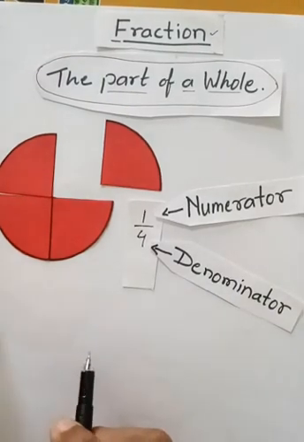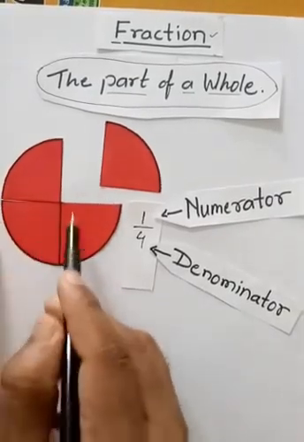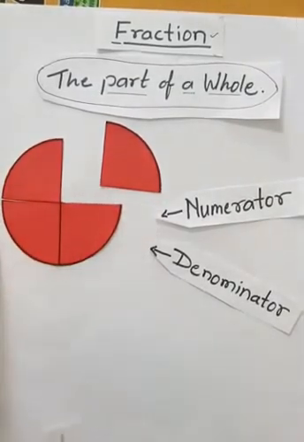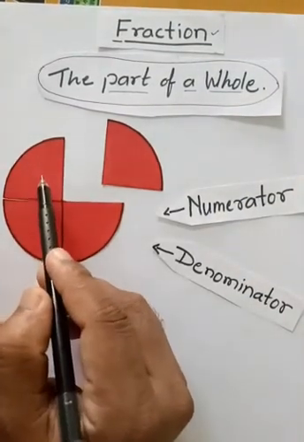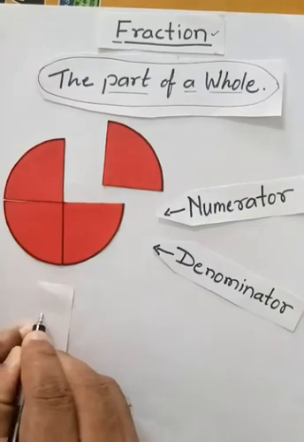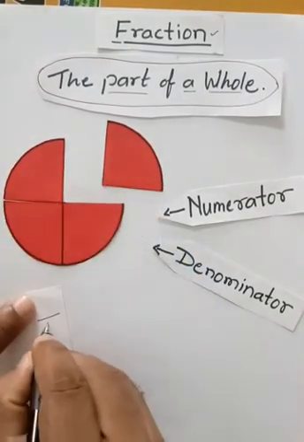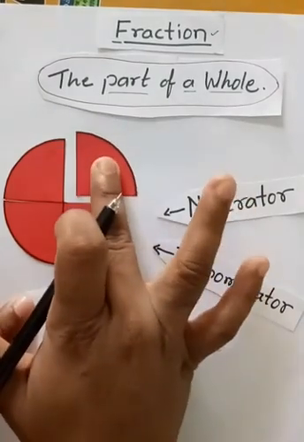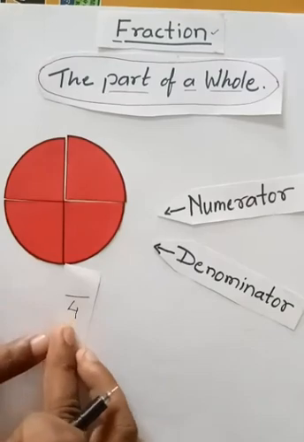Let's take an interesting thing. If I want to select these three parts, let me write here. How many total parts are there? The denominator indicates how many total parts there are. One thing is divided into 4 parts, so we have to write that 4 down.